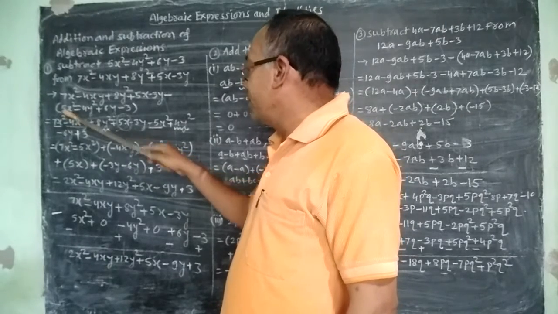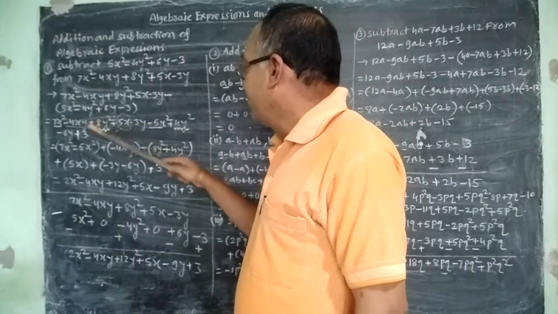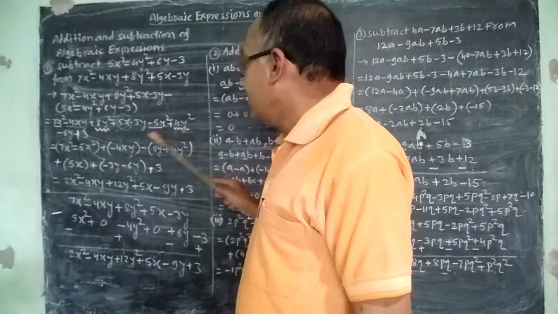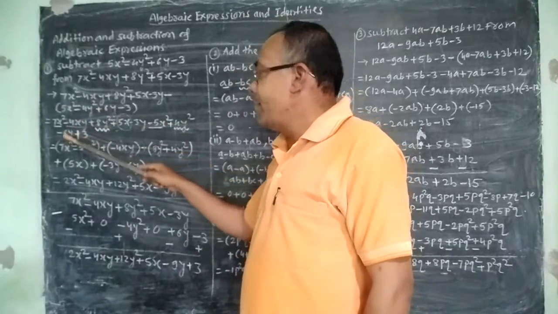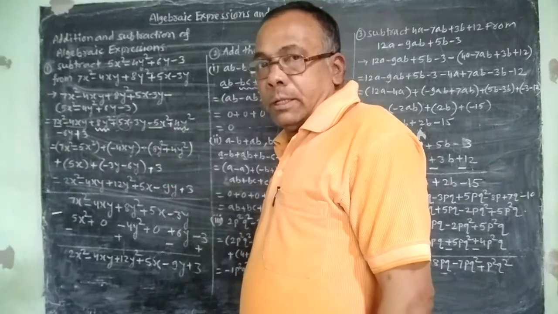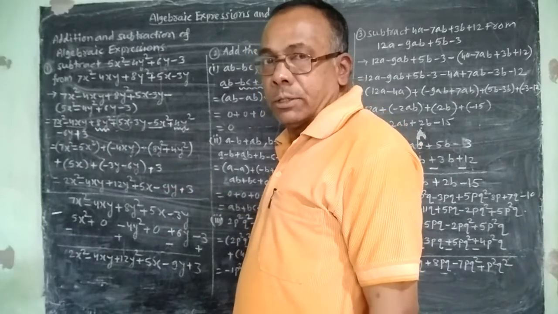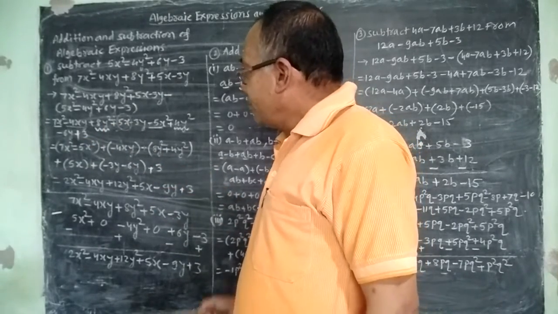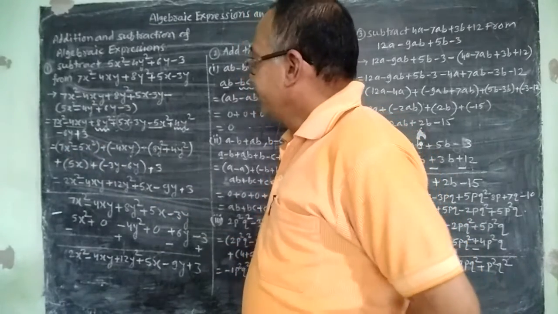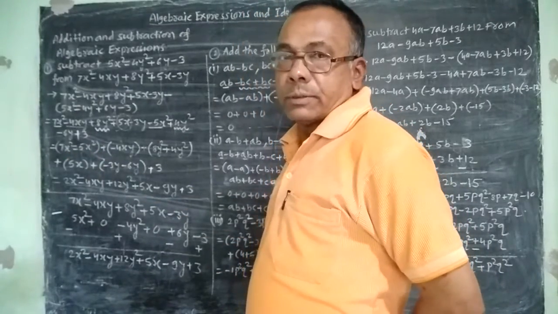So 5x square will become minus 5x square, minus 4y square will become plus 4y square, plus 6y will become minus 6y, and minus 3 will become plus 3. Now in the next step, here we have to collect the like terms.